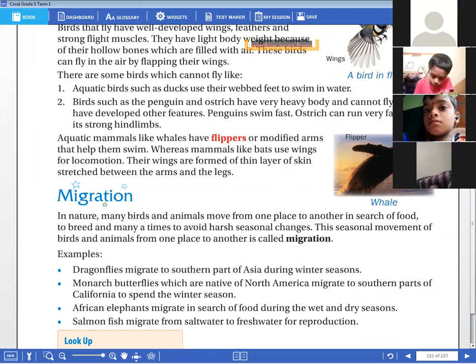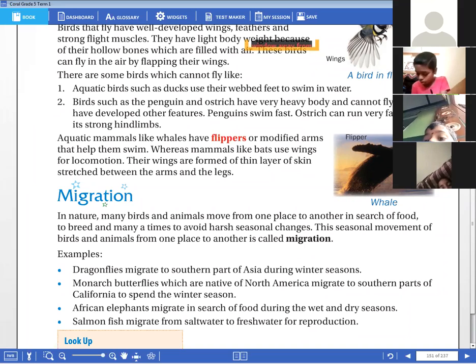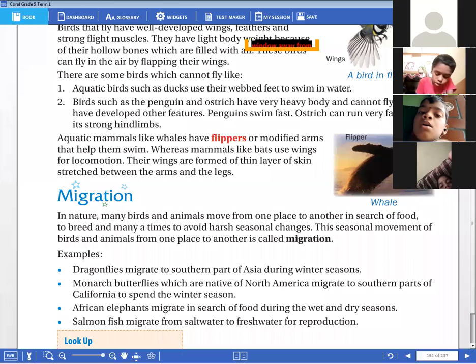Monarch butterflies are a type of butterflies, children. They actually live in North America, but in the winter season, they travel to South California.